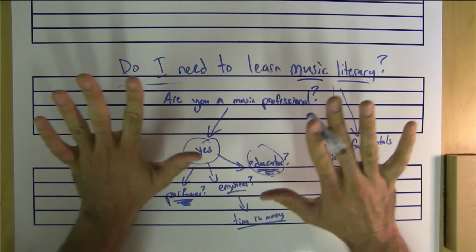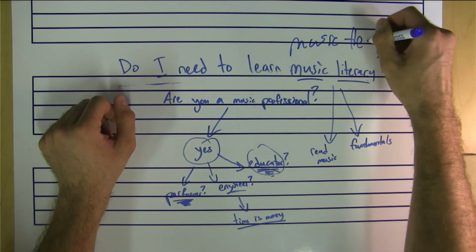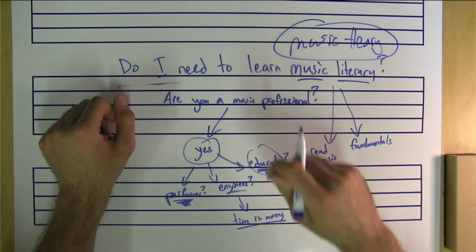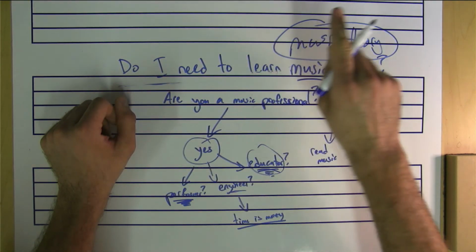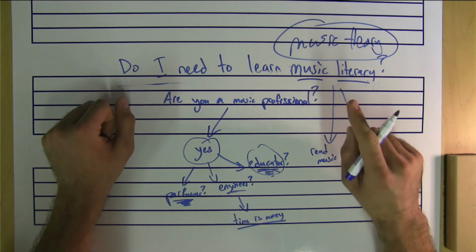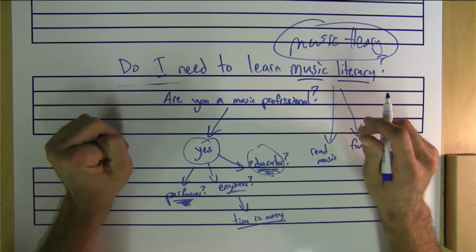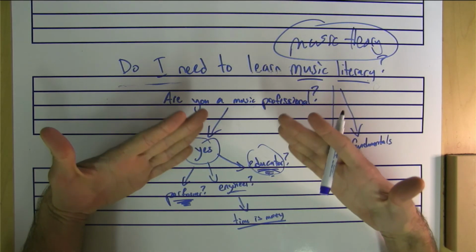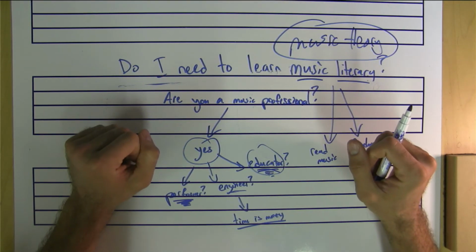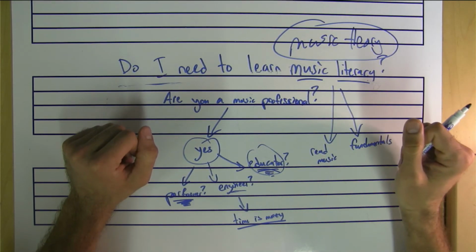But, do you need to learn music theory? Do you need to understand the inner workings of the piece? Do you need to trace those trends over decades of different composers and pieces? Maybe, maybe not. It really depends on how far you want to go.